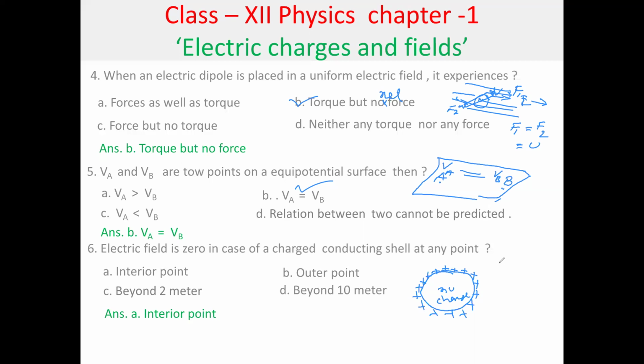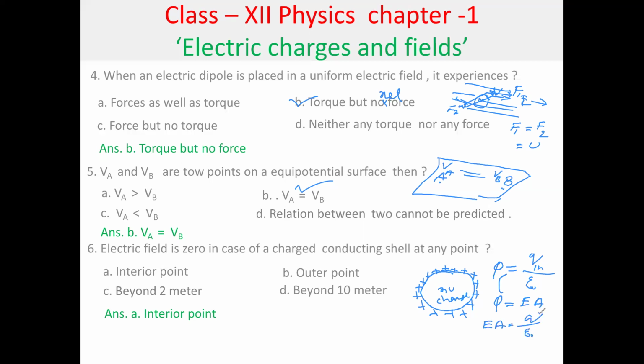As per Gauss law, you know, the flux is equal to Q inside by epsilon naught, and also flux is equal to E into surface area. So if we equate this, we get EA equal to Q by epsilon naught.